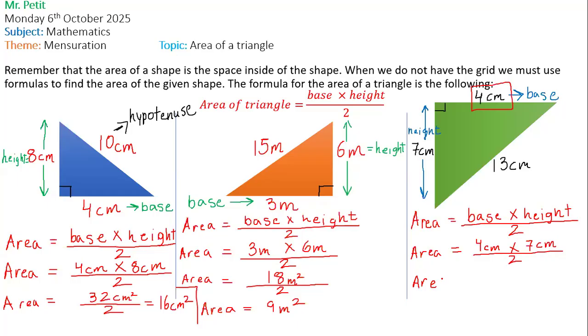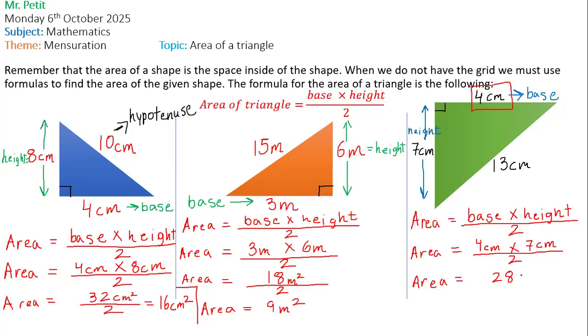So now we have the area is equal to, class, what is 4 times 7? 28. And centimeters times centimeters is what? Centimeters squared. Very good. So it's going to be 28 centimeters squared.